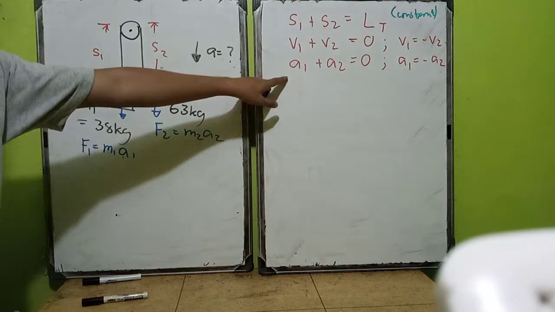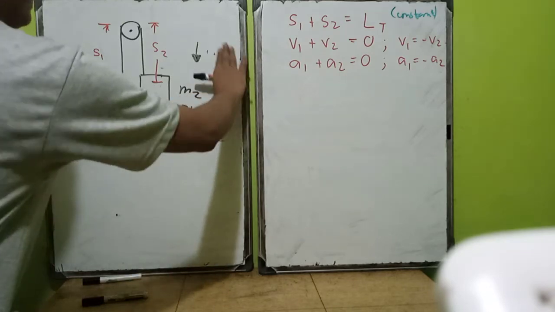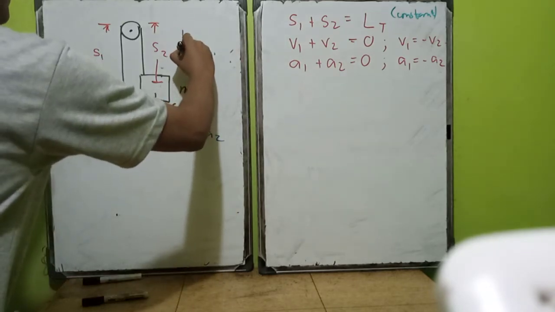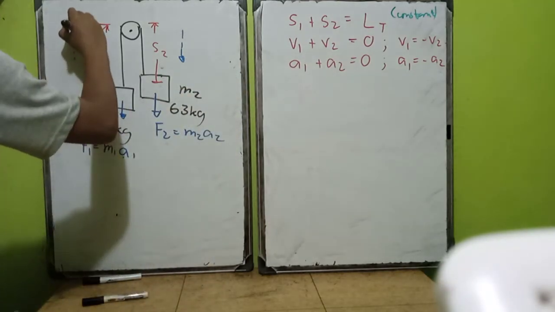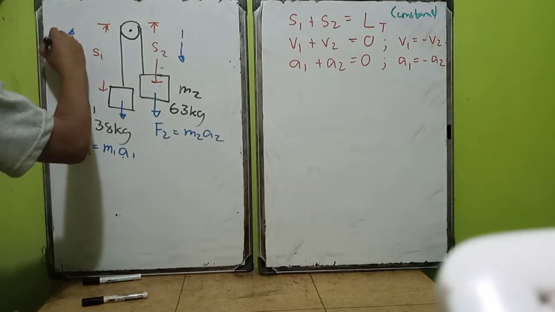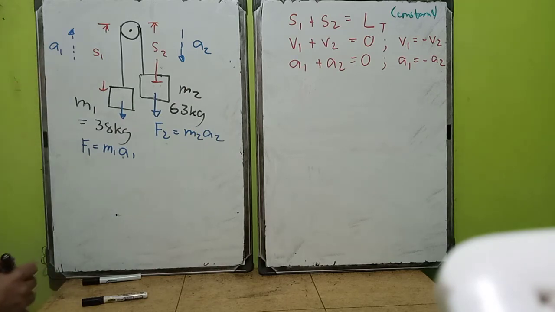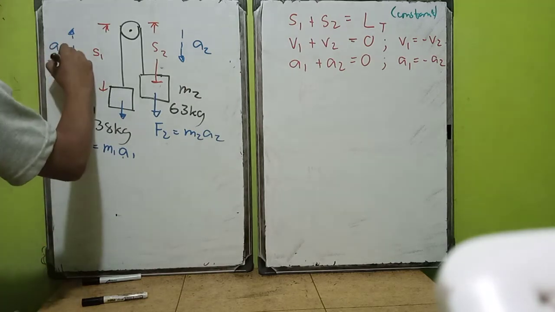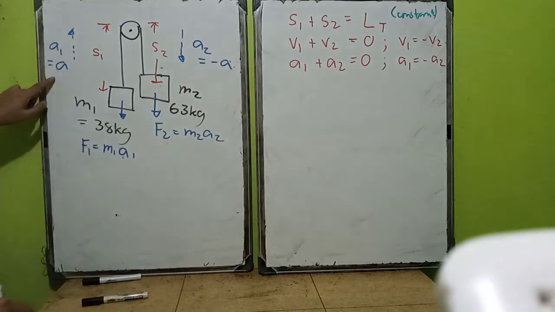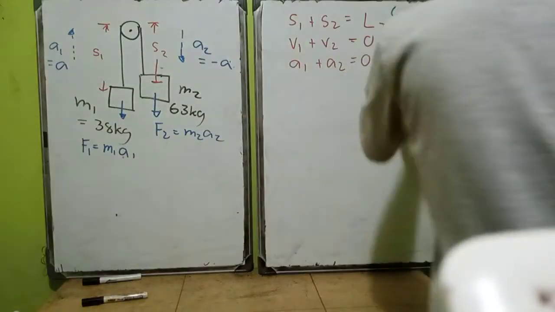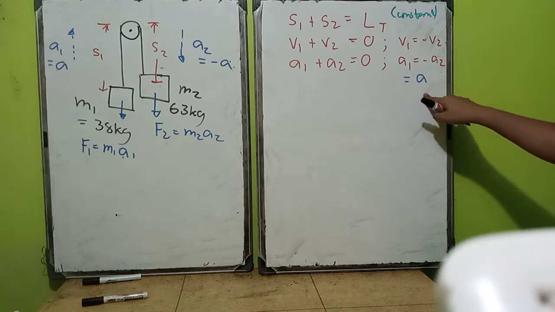But since A sub 1 is equal to negative A sub 2, the accelerations of these two bodies are the same but in opposite direction. One is moving upward, so it is positive, this is A1, and one is moving downward, which is A2. Since there are only two particles, A1 is positive A, while A sub 2 is negative A. So A sub 1 is equal to negative A sub 2 is equal to A, and we need to find that A.